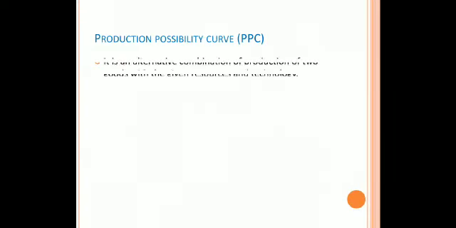Students, the production possibility curve is very important for class 11th. So let us discuss it. It is an alternative combination of production of two goods with the given resources and technology.